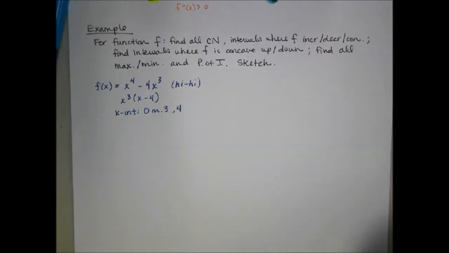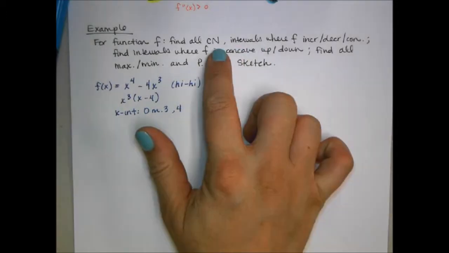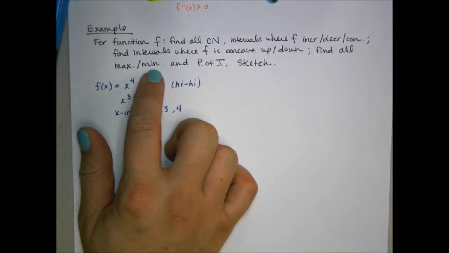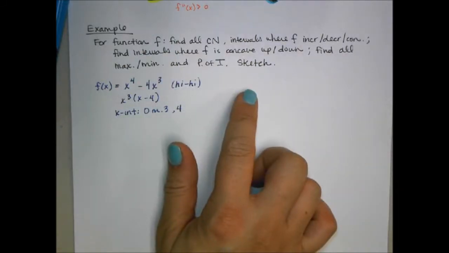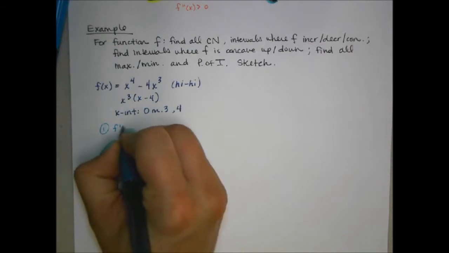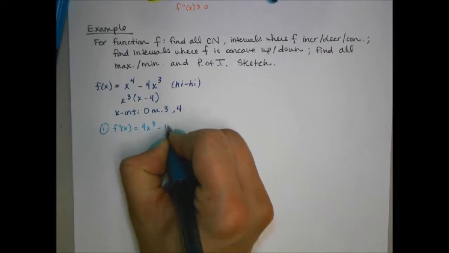All right, so the next things we're going to do, critical numbers, increasing, decreasing, and for max and min, that would all be about our first derivative test. So here's our first derivative, 4x cubed minus 12x squared.